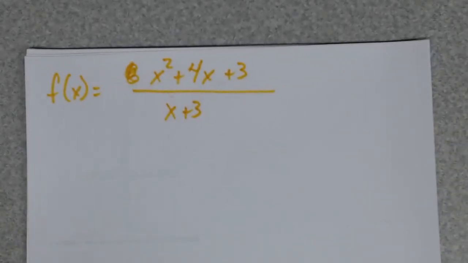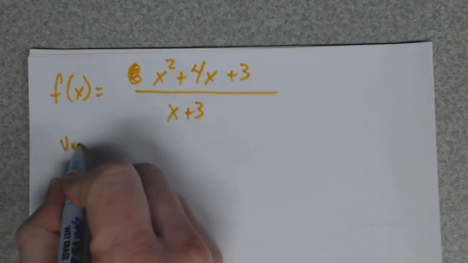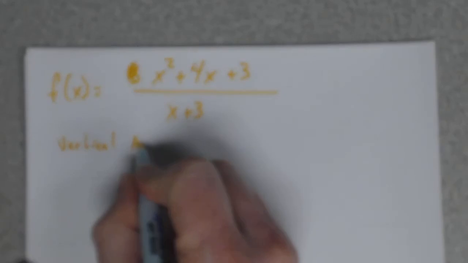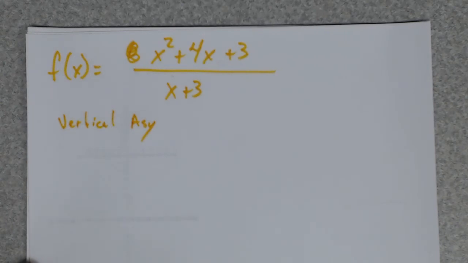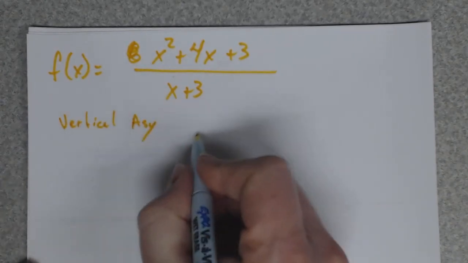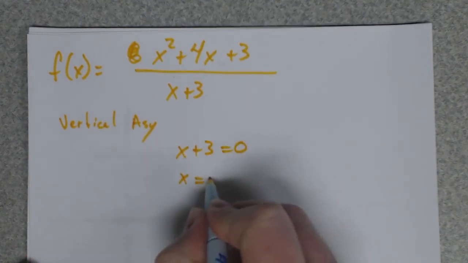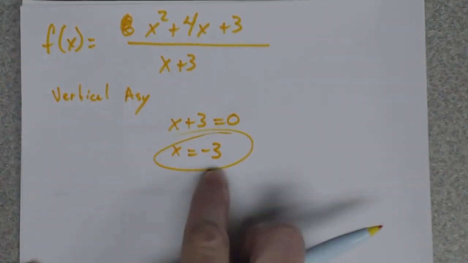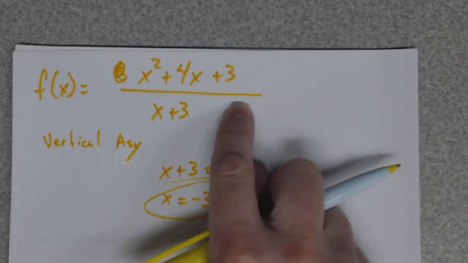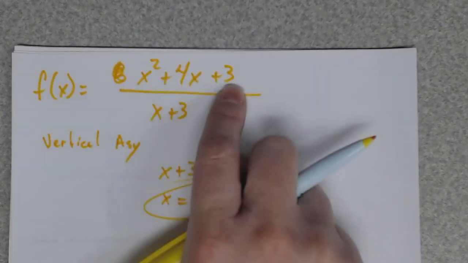Say you had a function like this, and you're wanting to find the vertical asymptotes. Remember, for a vertical, you take the bottom and set it equal to 0. So I'm going to take the bottom, x plus 3, and set that equal to 0. x equals negative 3. You would think, well, that's the vertical asymptote. Well, if I plug negative 3 back in up here in the top, it will actually zero this top out.